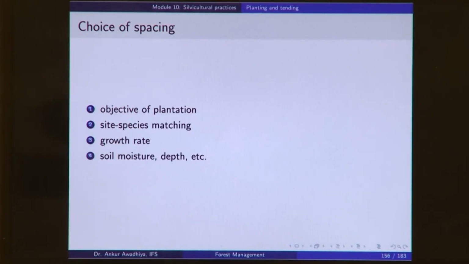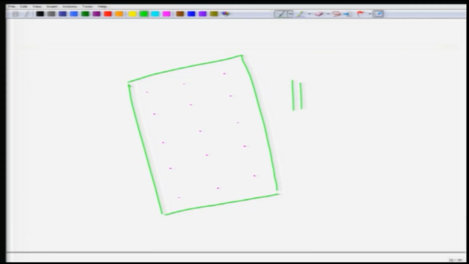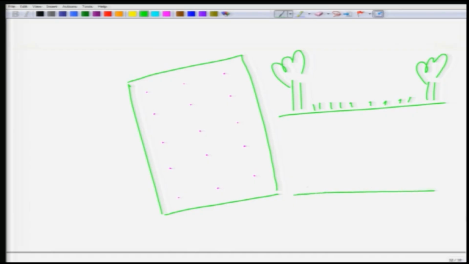Or if you want a plantation together with a pasture land, in that case you will want a few trees, but the area in between should be full of grasses. So, if this is your objective, you will have a larger spacing. If your objective is only fuel wood, then probably you will be planting the trees very close together.